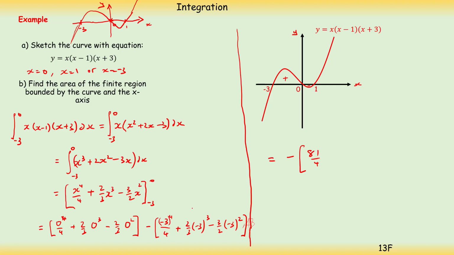It's positive. That's going to give me a negative there. So 3 times 3 is 9, but one of the 3s cancels, so it's going to give me 18. So minus 18. And then 9 times 3, 27 over 2. So minus 27 over 2.